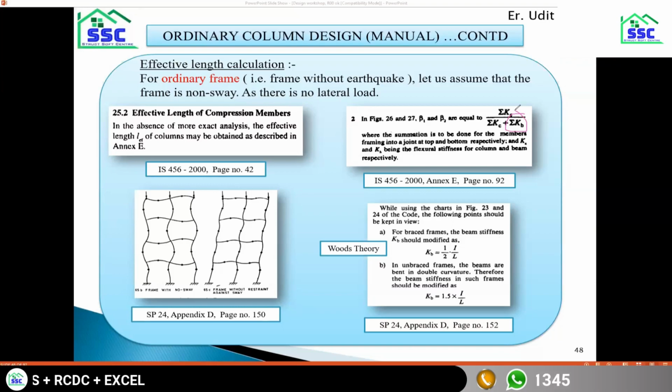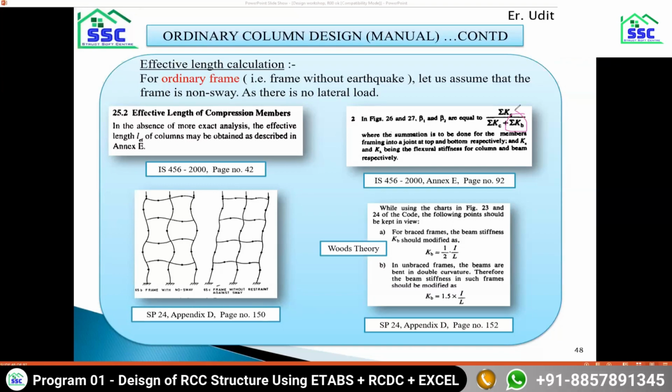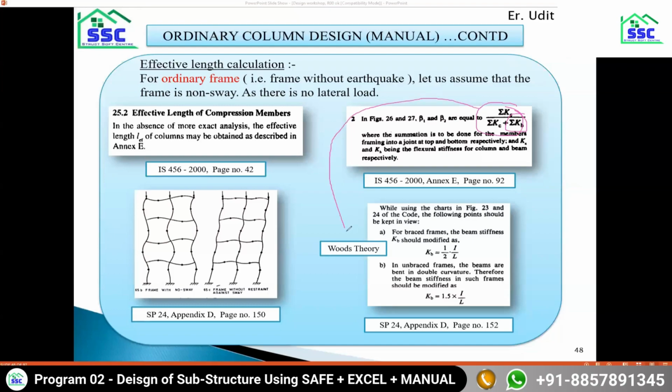You cannot calculate summation Kb directly using our basic analysis theory, because this equation, summation Kc divided by summation Kc plus summation Kb, was given to us in Wood's theory.